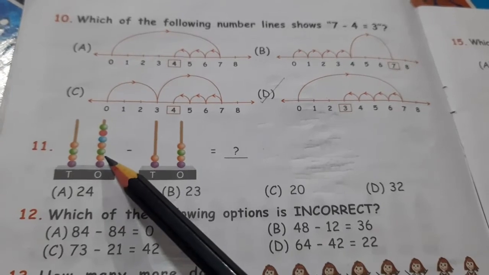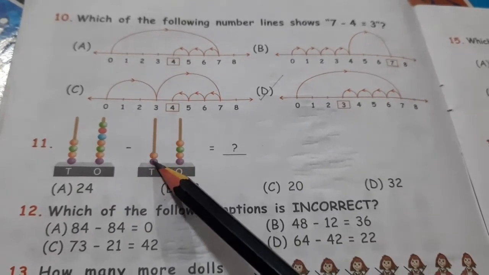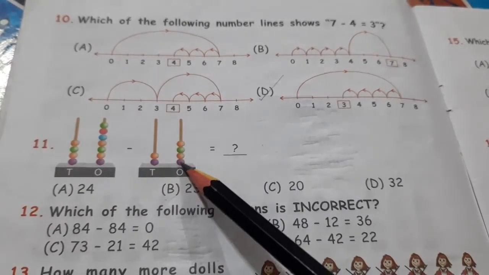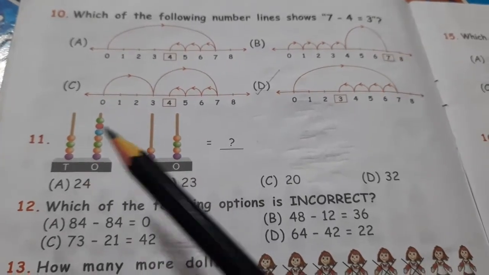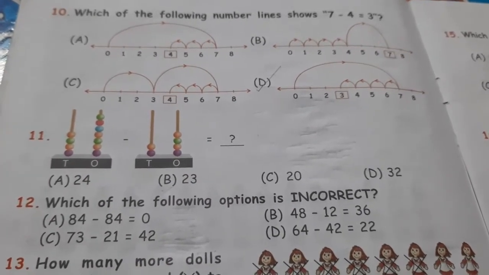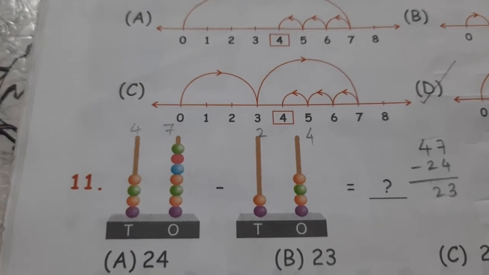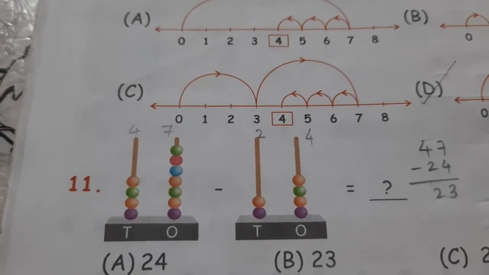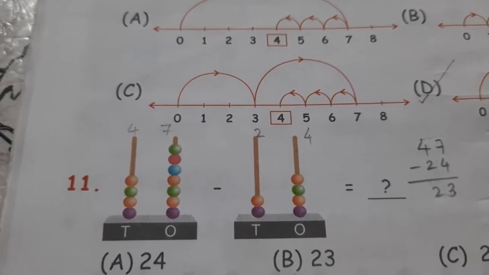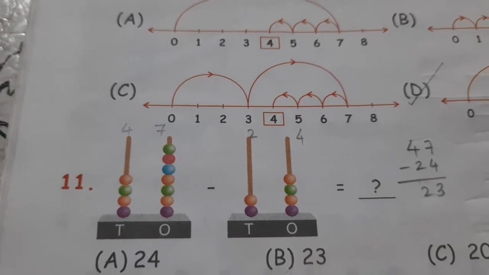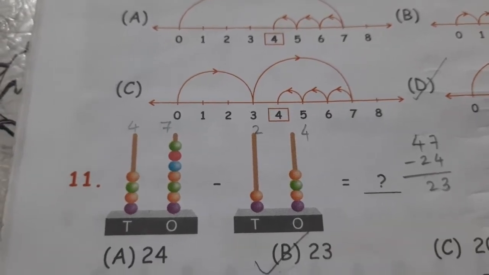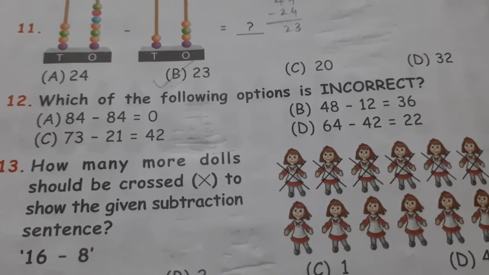This is 47 minus, इधर 2 beads हैं, and this is 24. So it is 47 minus 24. So let's do it. Doing the subtraction, I get the answer as 23. So please take option B as the answer to this question. Moving on to the next question.